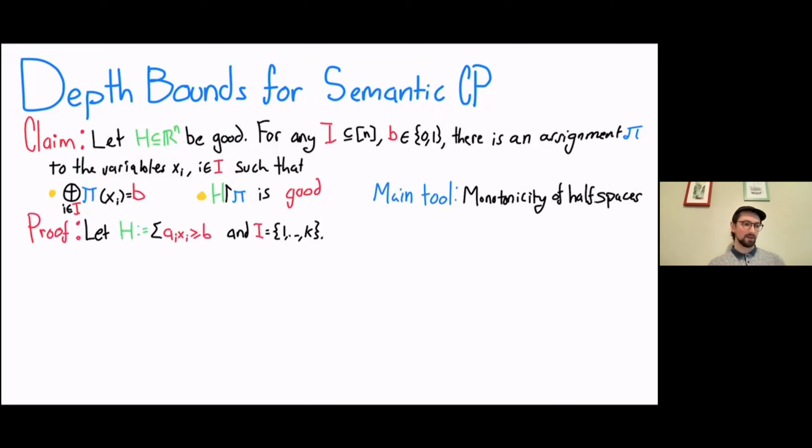So we're going to denote H by this linear inequality. And let's say that I is the first K coordinates. And we're going to suppose that the weights of the variables are ordered so that the largest one's on the leftmost side.